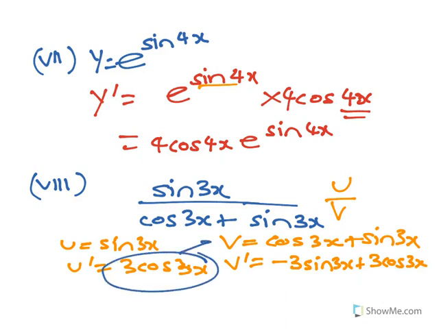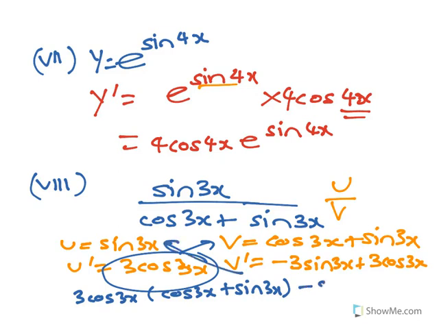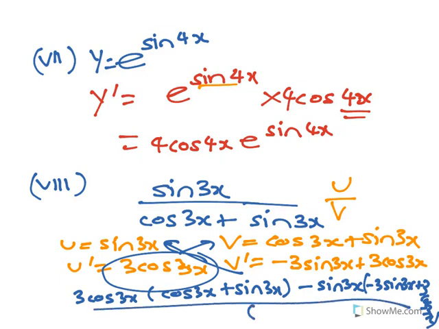So we're going to start here. We do u dash times the v. So 3 cos 3x times cos 3x plus sine 3x. And then that one times that one. So minus sine 3x times minus 3 sine 3x plus 3 cos 3x, all over cos 3x plus sine 3x squared.